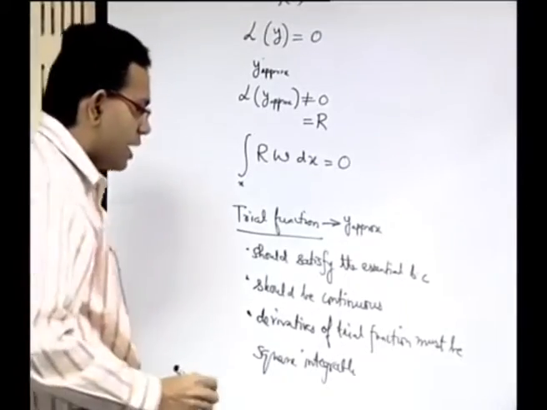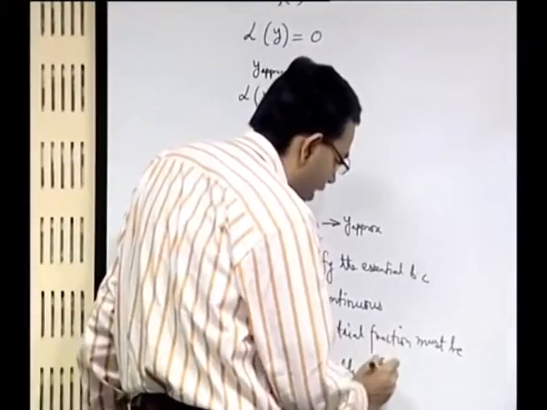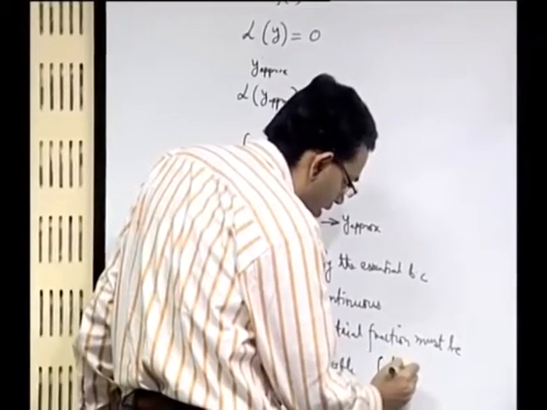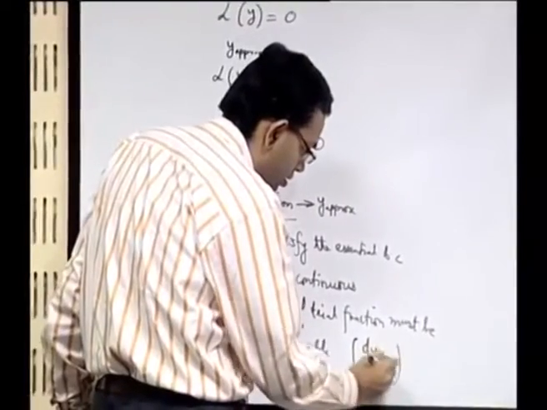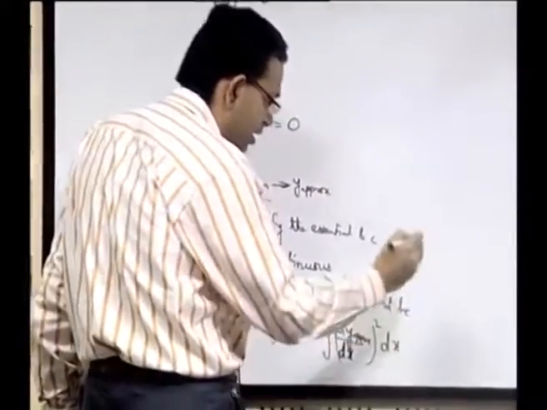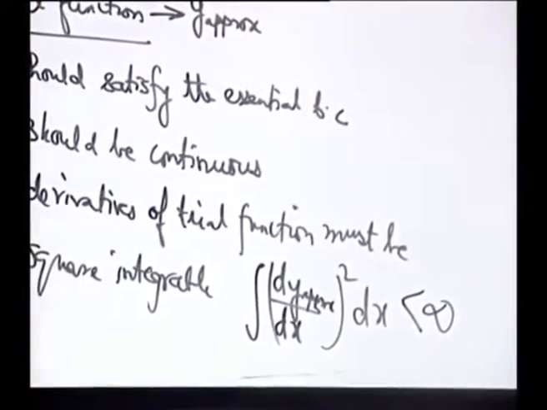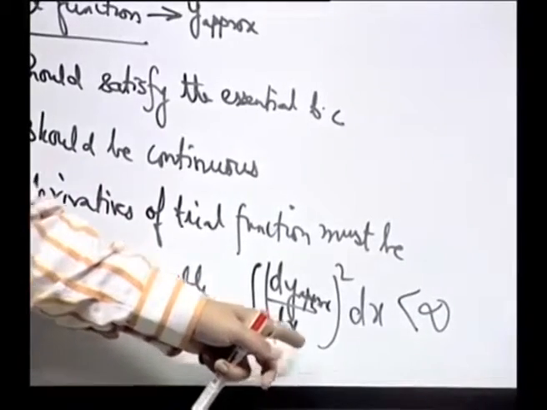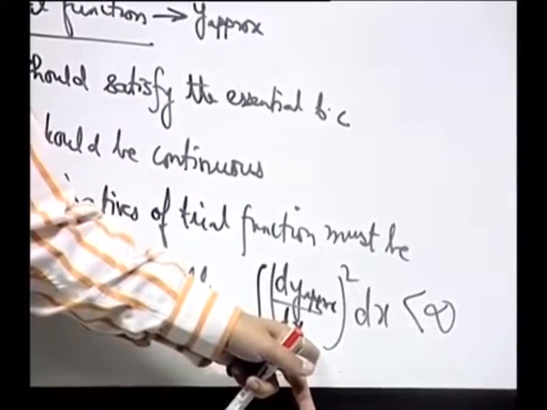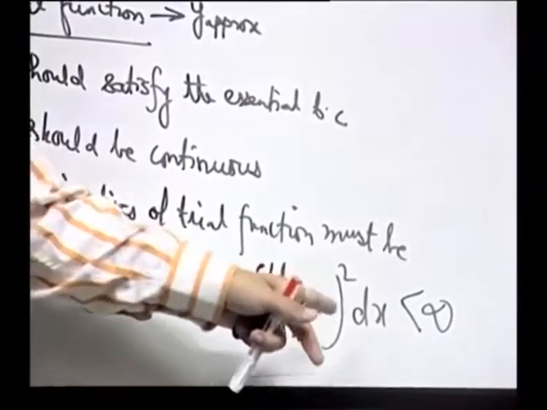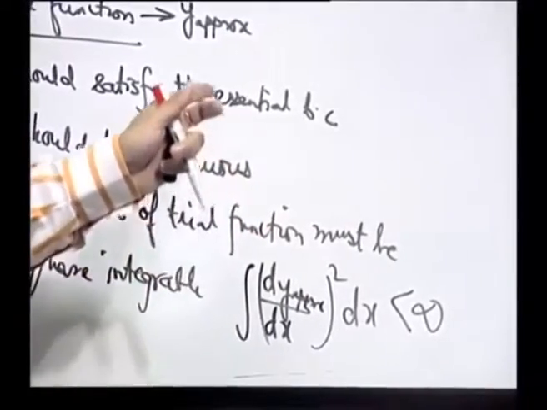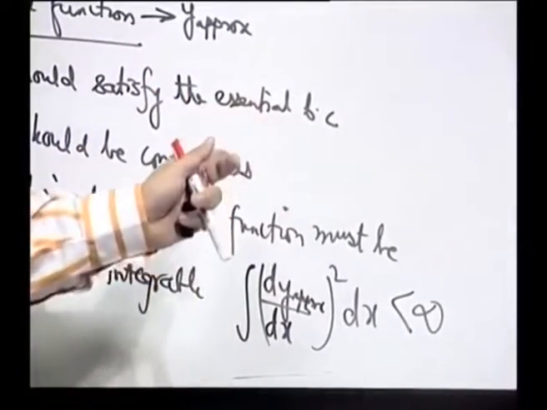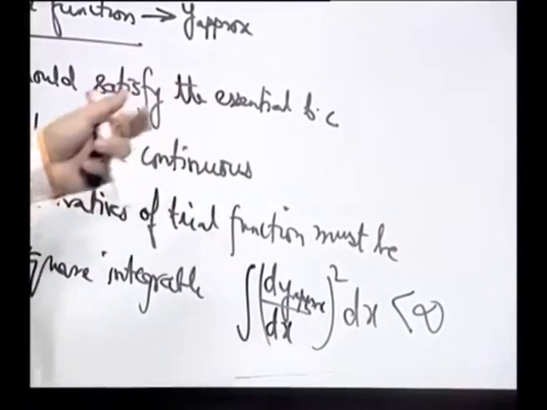Derivative square integrable means, for example, if you have dy approximate dx whole square, the integral of that must be less than infinity. So, it should be a bounded integral. Square integral means integral of the square of the derivative, basically you are doing. So, this type of requirement is a very important and stringent requirement. It shows a boundedness of the function, so that its integral is not unbounded.